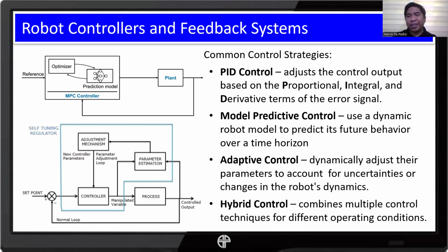We combine the model predictive, adaptive, or even the basic PID control, so we combine multiple control techniques for different operating conditions. In AI-based control systems, I think the hybrid one is the best option in most cases.